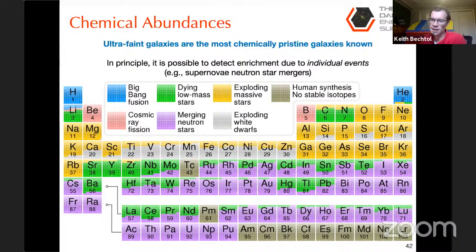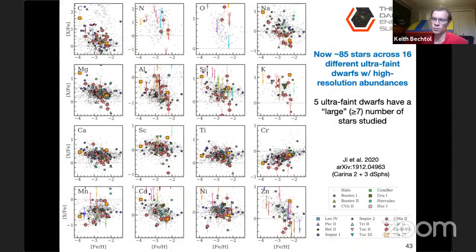So there's been this active program to perform high resolution spectroscopic follow-up and really look for these chemical fingerprints in the population of stars found in these Milky Way ultrafaint galaxies. As of this year, there are at least 85 stars in 16 different ultrafaint dwarf galaxies that have these high resolution spectroscopic chemical abundance measurements. And there are at least 5 of these ultrafaint dwarfs that have at least 7 stars that are studied.